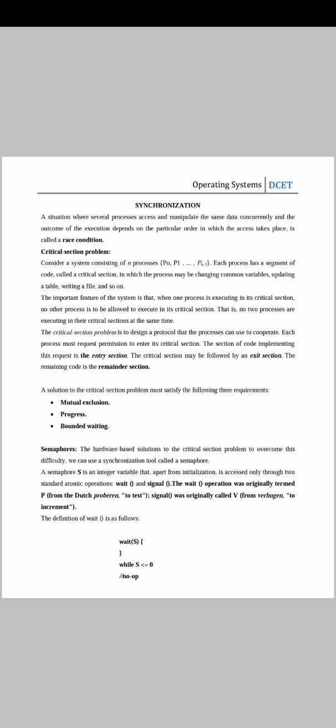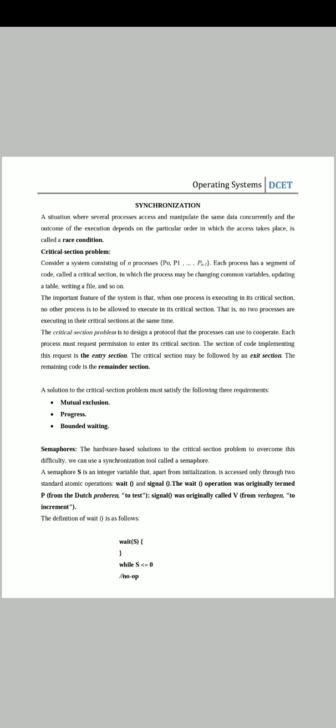Next is the critical section problem. Consider a system consisting of n processes P0, P1, P2, P3 up to Pn minus 1. Each process has a segment of code called the critical section, in which the process may be changing common variables, updating tables, writing files, and so on. Assume that there are n processes, each having their own execution code.